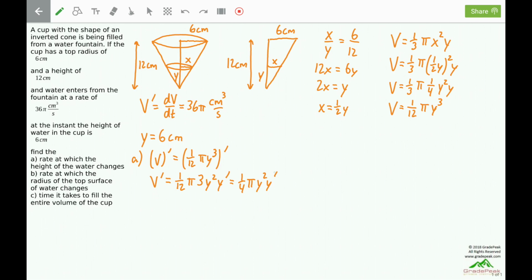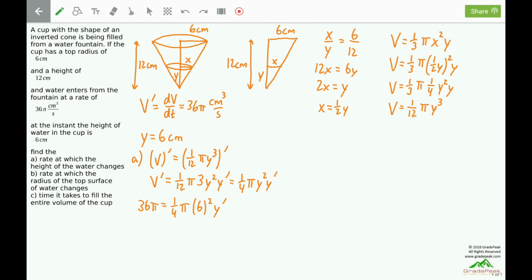We can now plug numbers into this. V prime is 36 pi, and that will equal 1/4 times pi times y squared, 6 squared, times y prime.